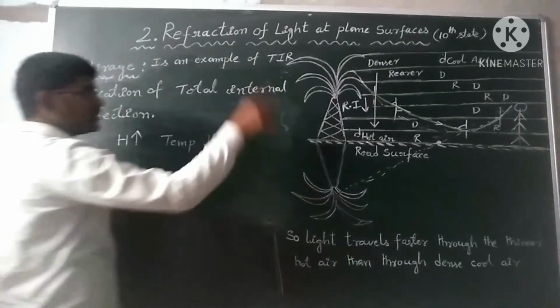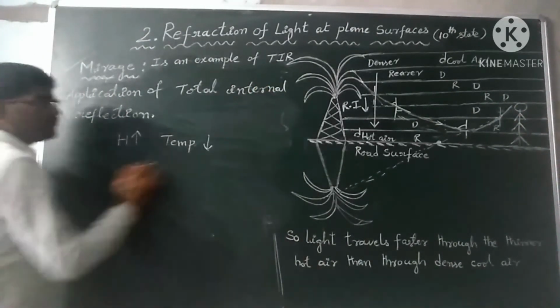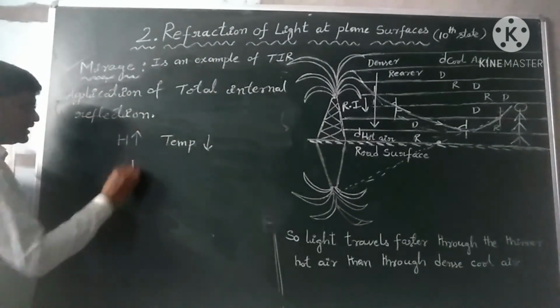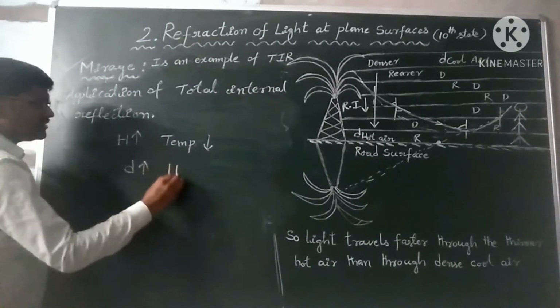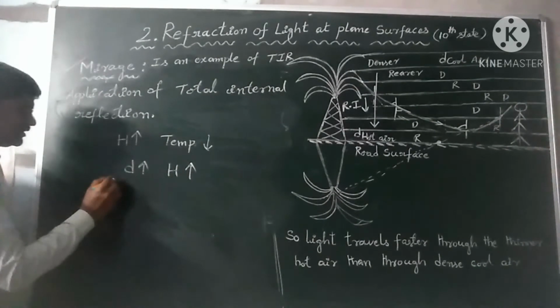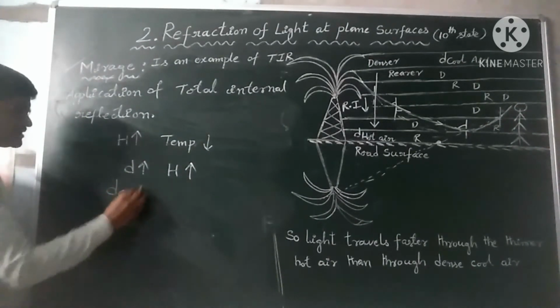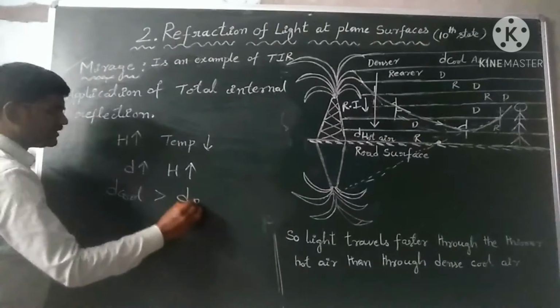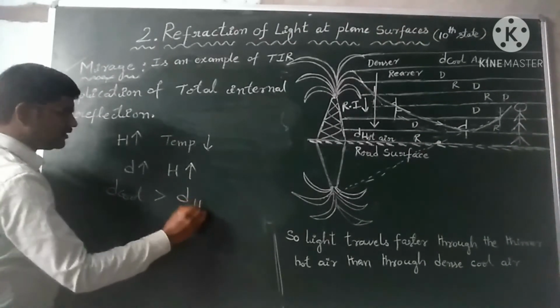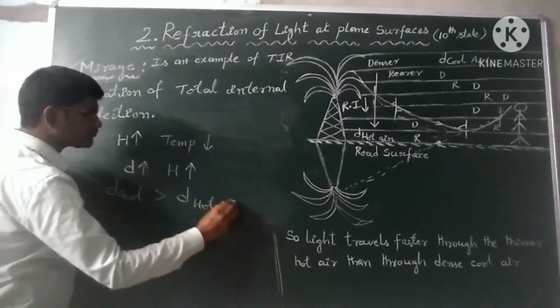Means we have a cool air at the top. Means density of air increases with height. And we also know that the density of the cool air is greater than the density of hot air.